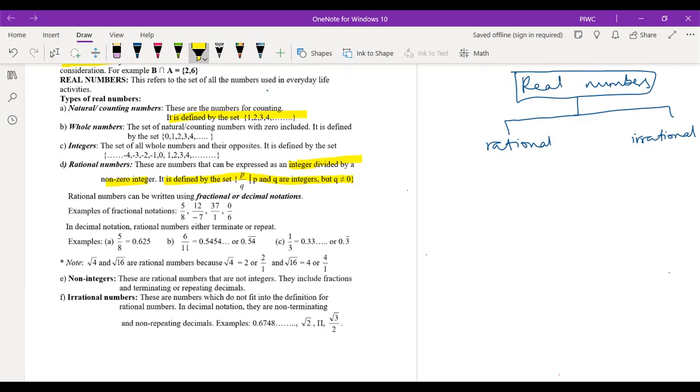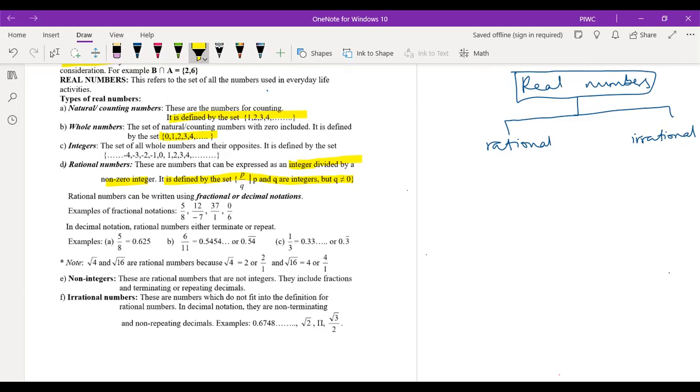Then we have whole numbers. The whole numbers are the set of all the counting numbers, or the natural numbers, including 0. So 0 is a whole number, but 0 is not a counting number. In other words, counting numbers plus 0 gives you whole numbers. Then what are the integers?